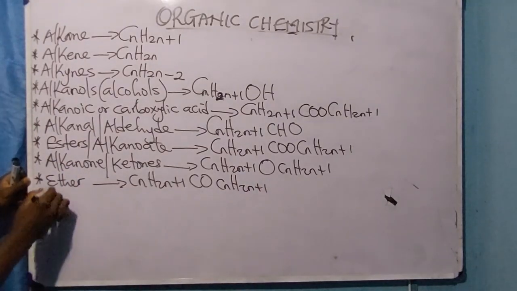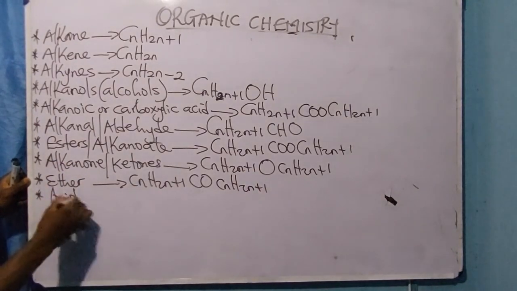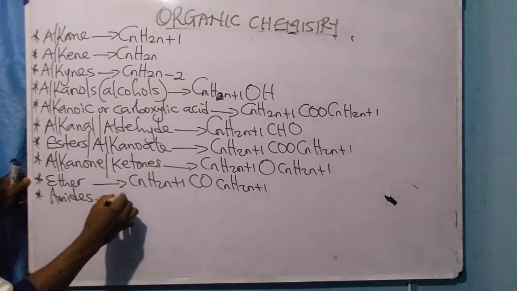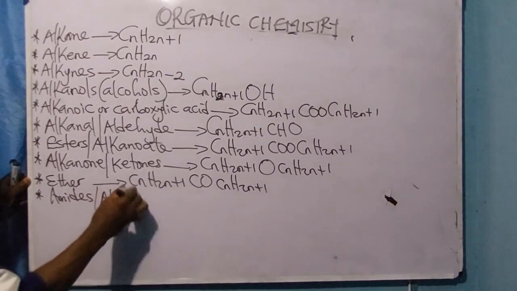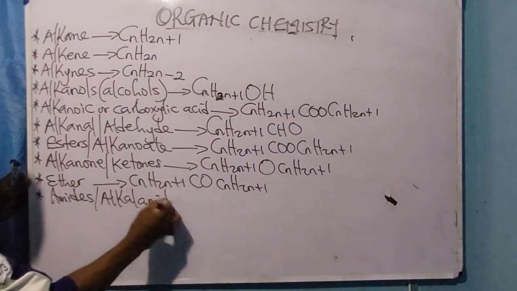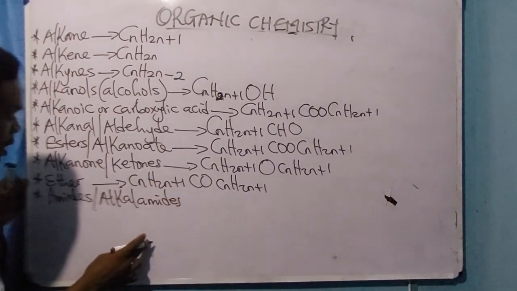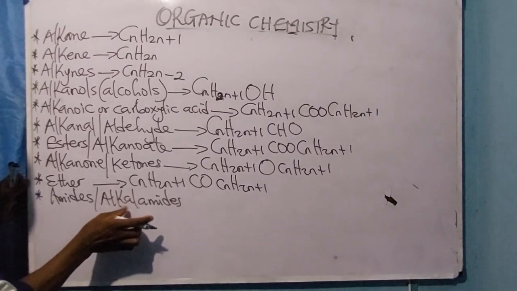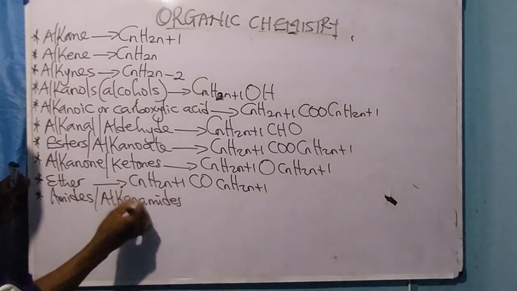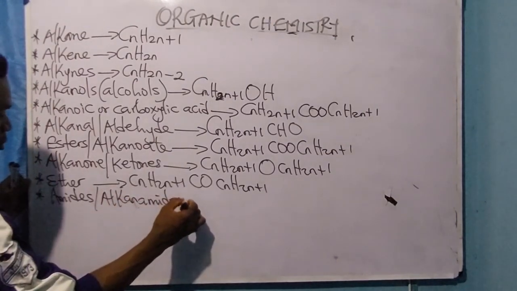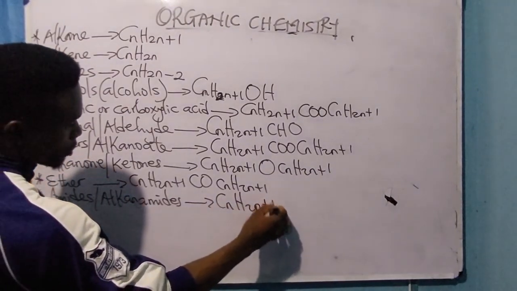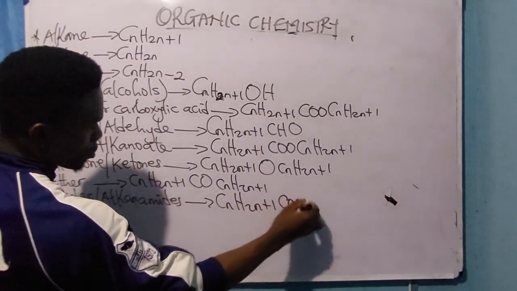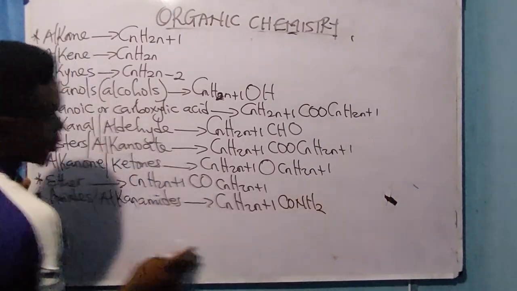Which one again? We have the amines, otherwise called alkyl amines, and the alkanamide. You have CnH2n+1CONH2.